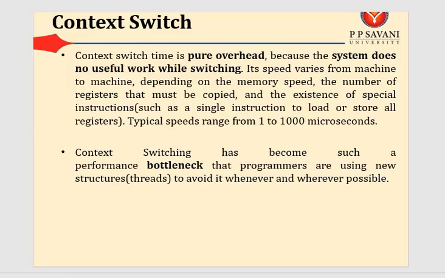Typical speeds range from 1 to 1000 microseconds. Context switching has become such a performance bottleneck that programmers are using new structures, or threads, to avoid it whenever and wherever possible.